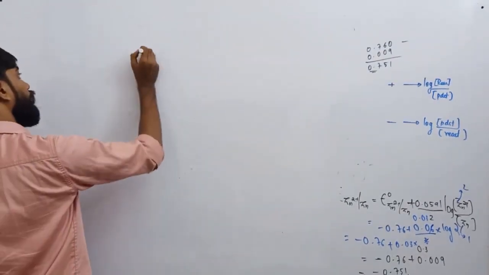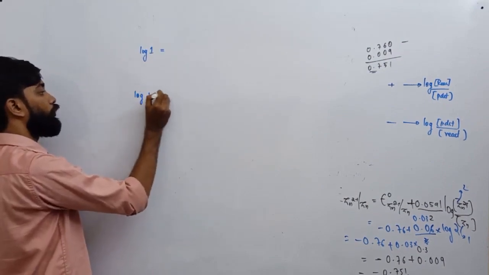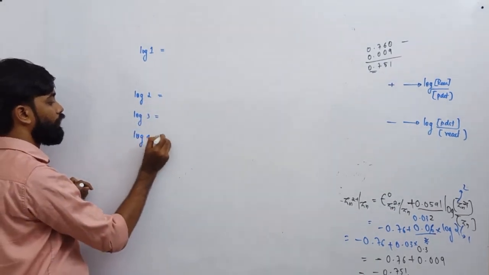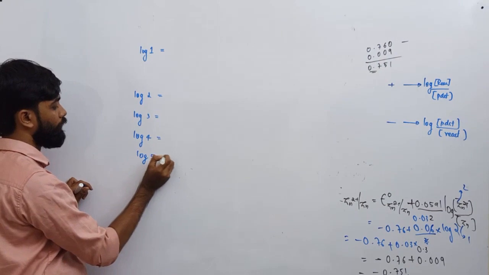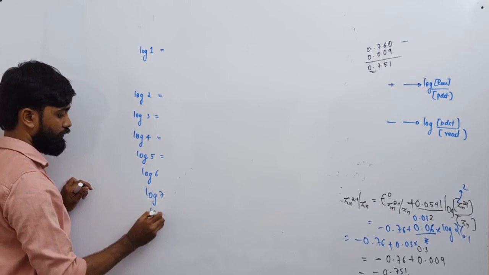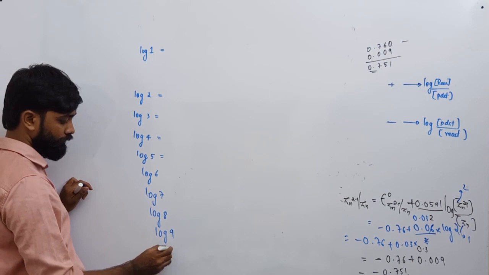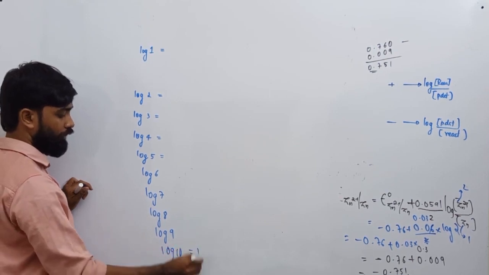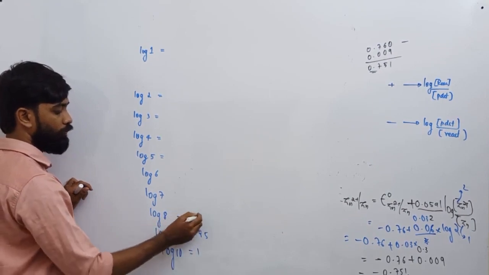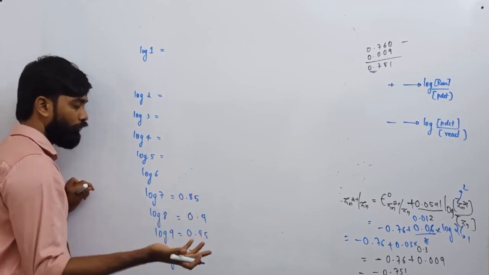That is log 1, log 2, log 3, log 4, log 5, log 6, log 7, log 8, log 9, log 10. Log 10 is 1, log 9 is 0.95, log 8 is 0.9, log 7 is actually 0.845, simply approximately 0.85.